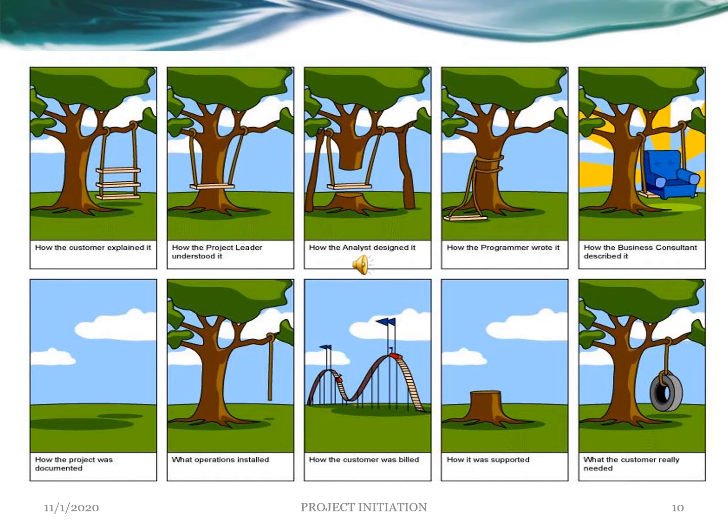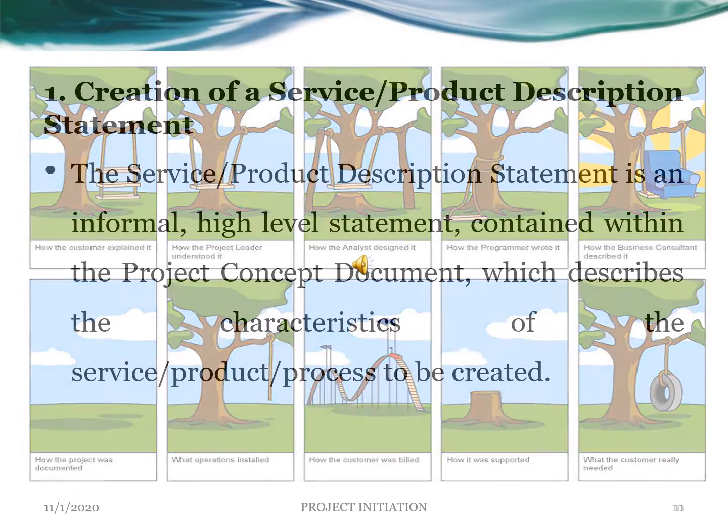It's followed by how the project leader understood it, how the analyst designed it, how the programmer wrote it, how the business consultant described it, how the project was documented, what operations installed, how the customer was billed, how it was supported, and finally what the customer really needed. Here you will see that the common link in order to avoid these misunderstandings would be good communication.